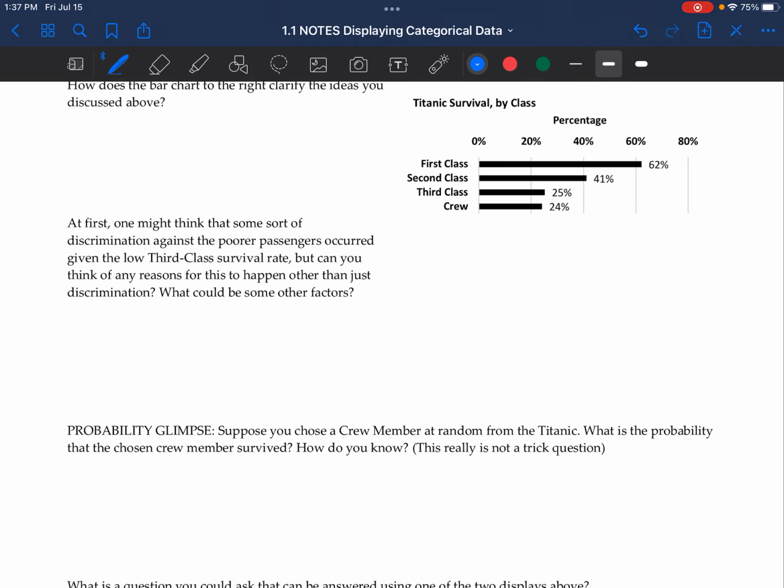You had a big list of all the crew members' names, and you cut them up into little strips of paper and put them into a hat, and then you mix it all up and pull out a name. What's the probability that you choose a crew member that survived? And how do you know? I'm really telling you, this is not a trick question. Look at that graph carefully, and you should be able to figure out the answer. And why that makes sense would be the answer. So fill in your answer, please.